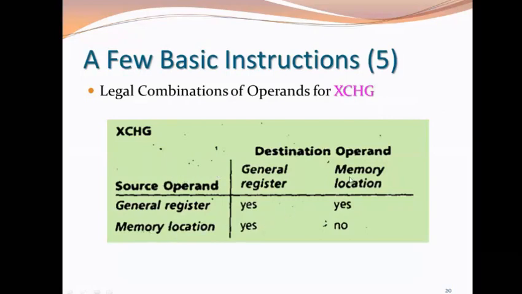But look at this. For the exchange, memory location and memory location. For the exchange, if I write A comma A, is this correct? If I write AB comma AB, is that correct? Memory location to memory location is illegal. Does it make sense? Yes, sir. Sir, this is an ambiguity problem.